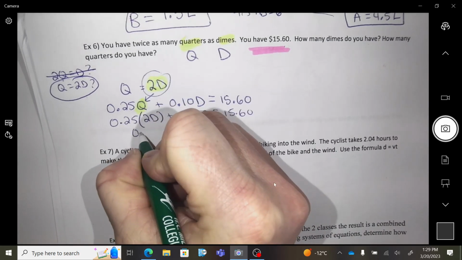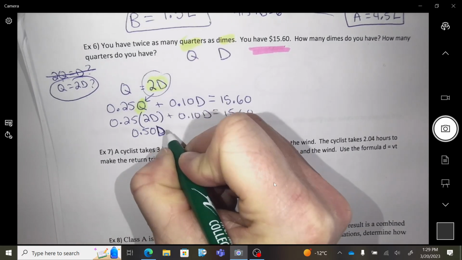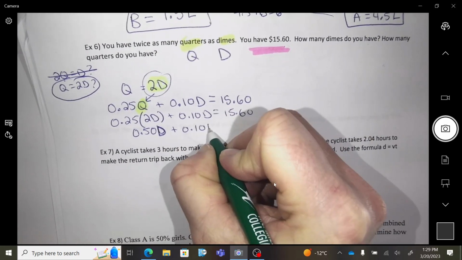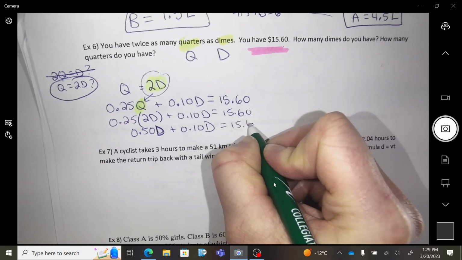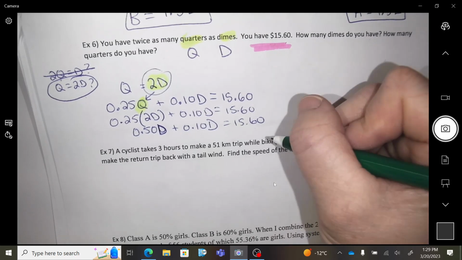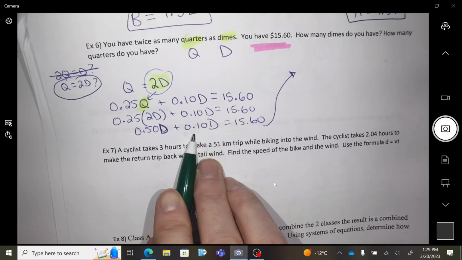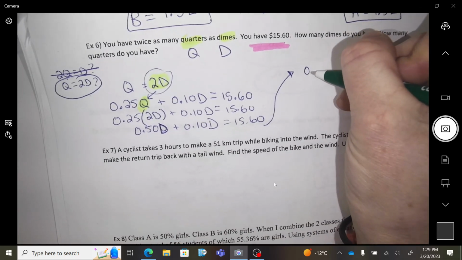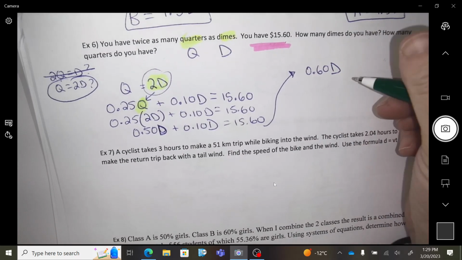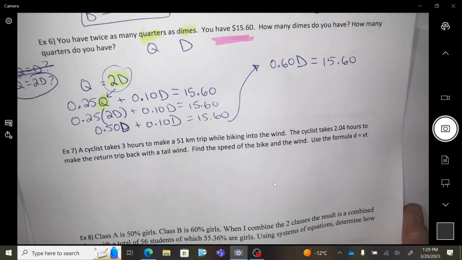Okay, so this would be 0.5D plus 0.1D equals 15.60. And I could add that together. So this is 0.6D equals 15.60.